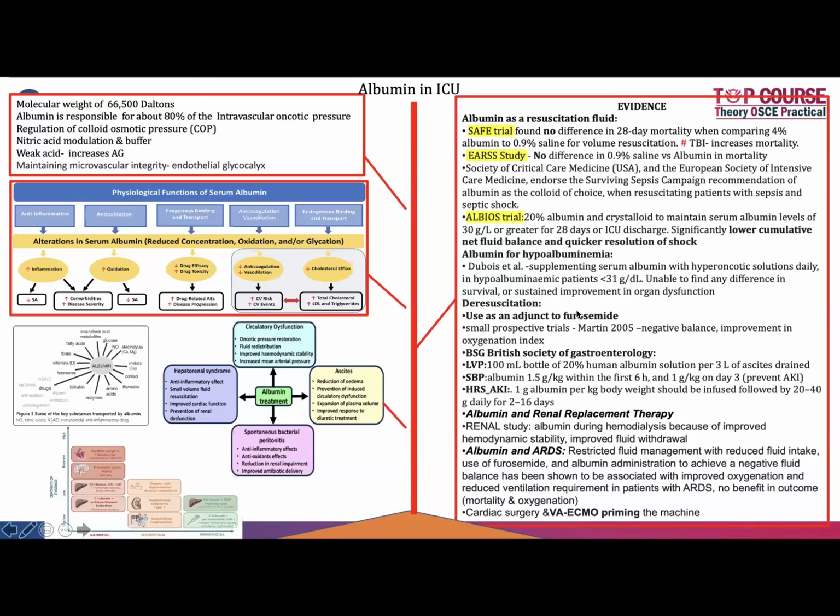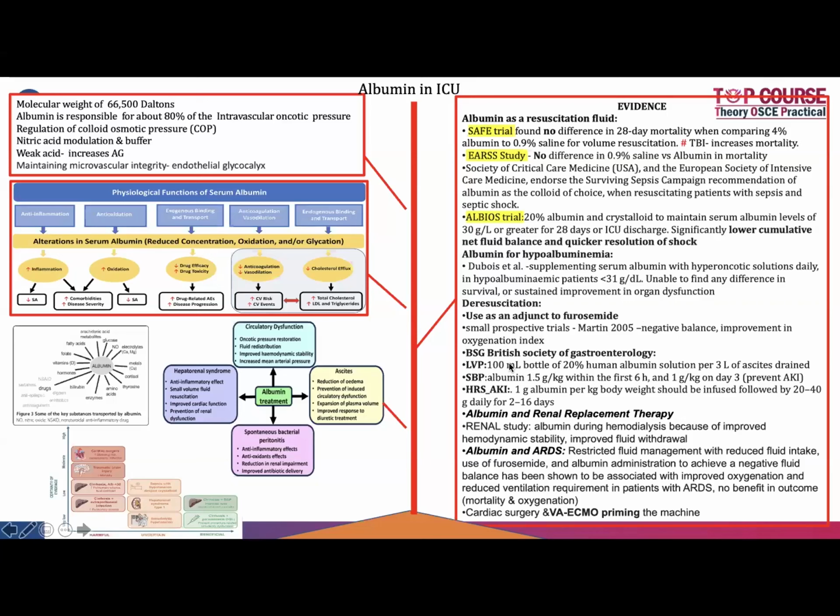So deresuscitation: albumin has a role in deresuscitation. It is used as an adjunct to furosemide in the Martin study, where they were able to attain a negative balance and improvement in the oxygenation index. So that is regarding deresuscitation. Other indications we already saw: large volume paracentesis.